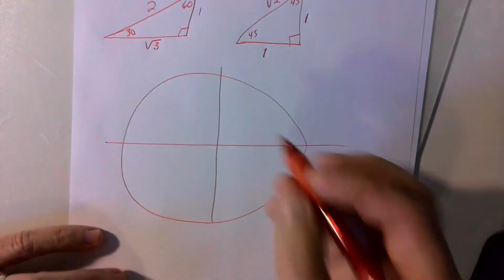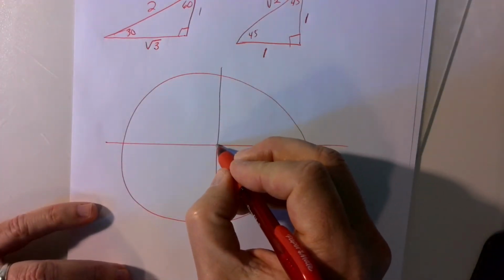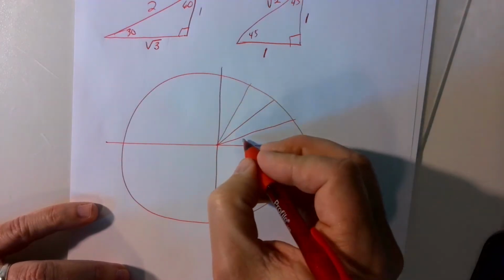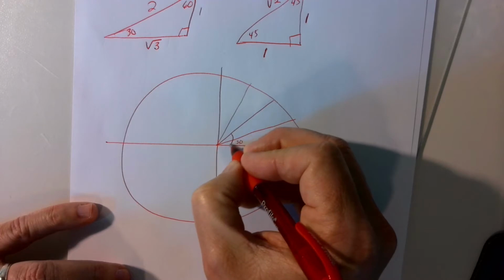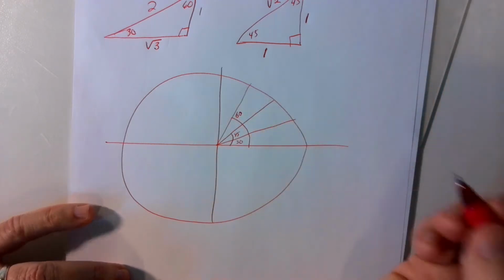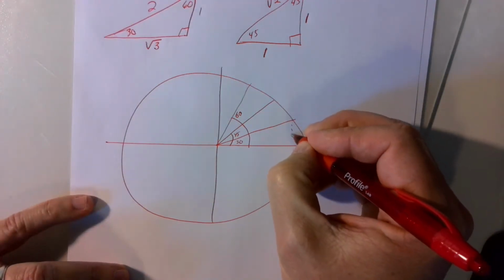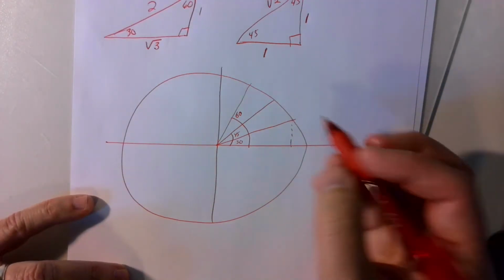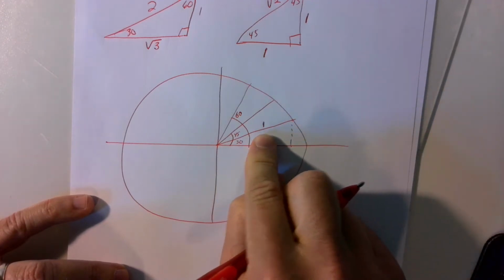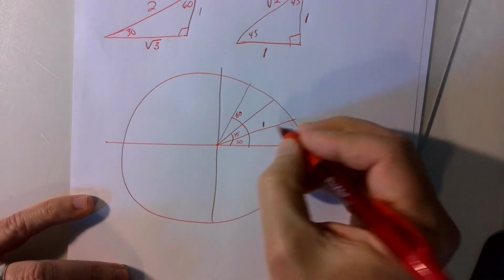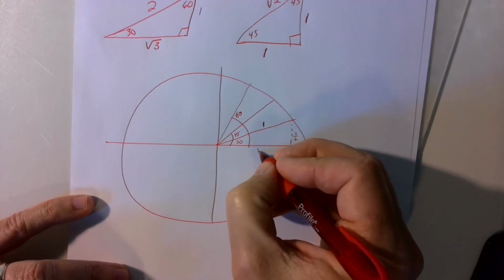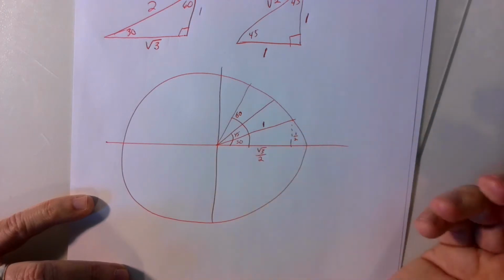going around here. So one of the things that we'd have right here is if I split this first quadrant up into this first thing being a 30-degree angle, and this next one being a 45-degree angle, and the next one being a 60-degree angle, and I was to drop this straight down, I know that this would be 1, because it's called a unit circle, so the radius is 1 unit of length, which means this would be a half, and a half times the square root of 3 over 2 goes right there.